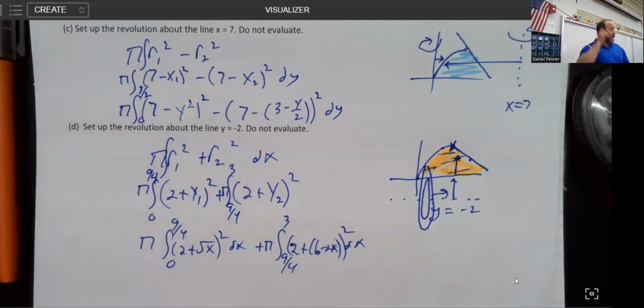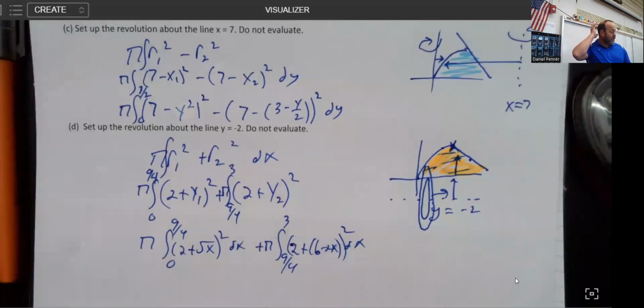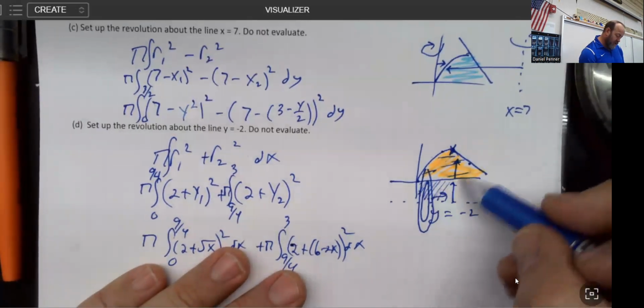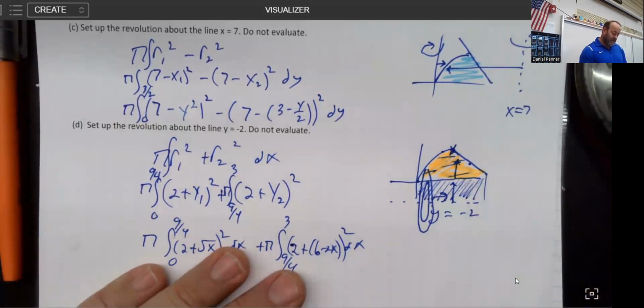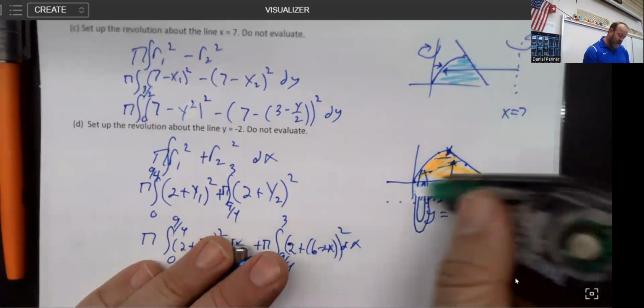I'm looking back at my notes and I have something a little bit differently written there, and I now know why, because I forgot something. I found the volume if I had taken all of this thing all the way down into here and revolved it, but I actually want to remove this central portion right in here.